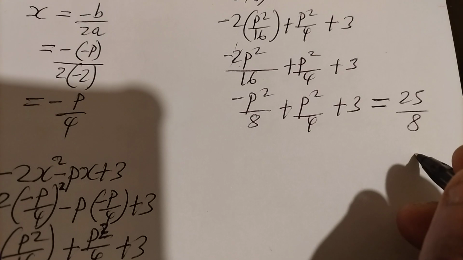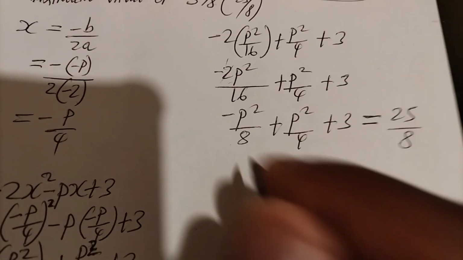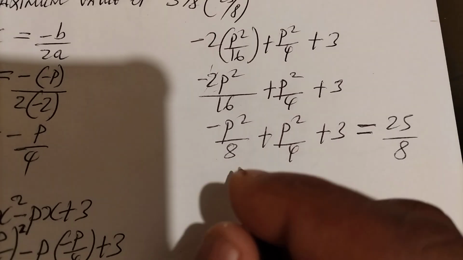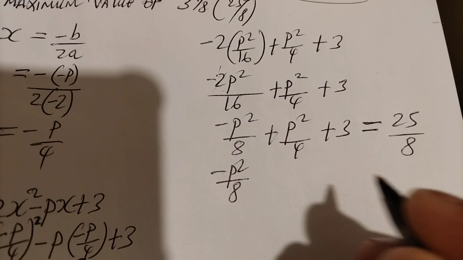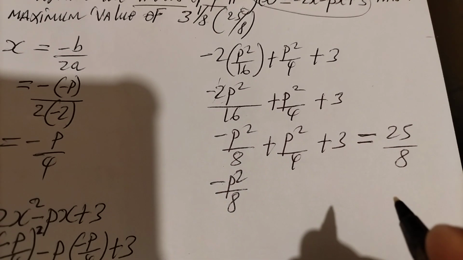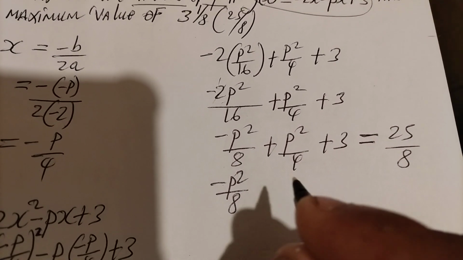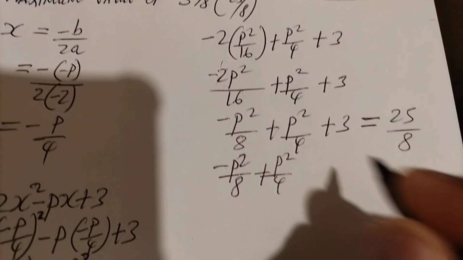That will probably give us 1/8 if we work it out properly. So let me put it this way: -p²/8, and then plus p²/4, and now we have 1/8.